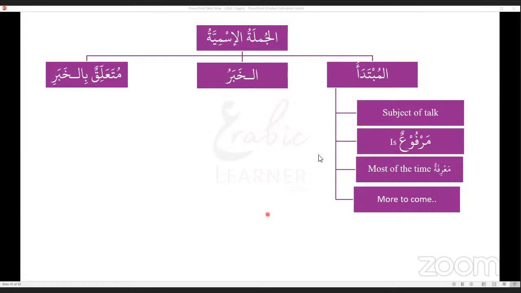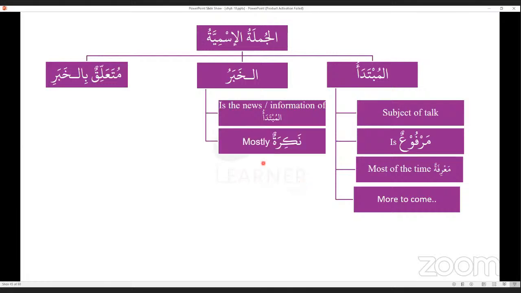Now let's again do the revision of khabar. What is khabar? Khabar is the news or information about the mubtada. Mostly khabar is nakira.